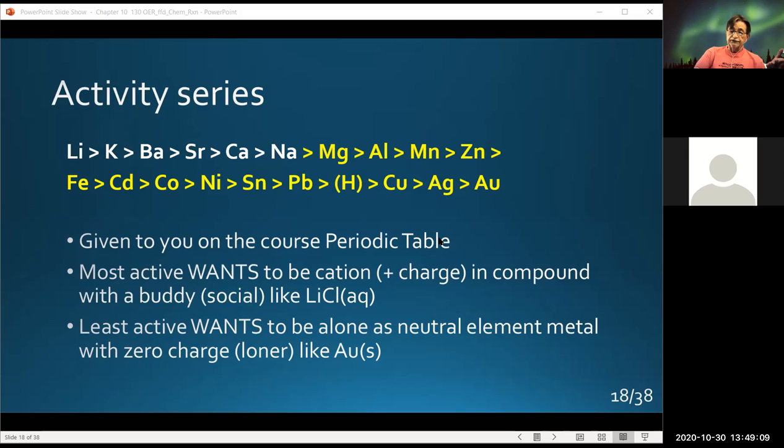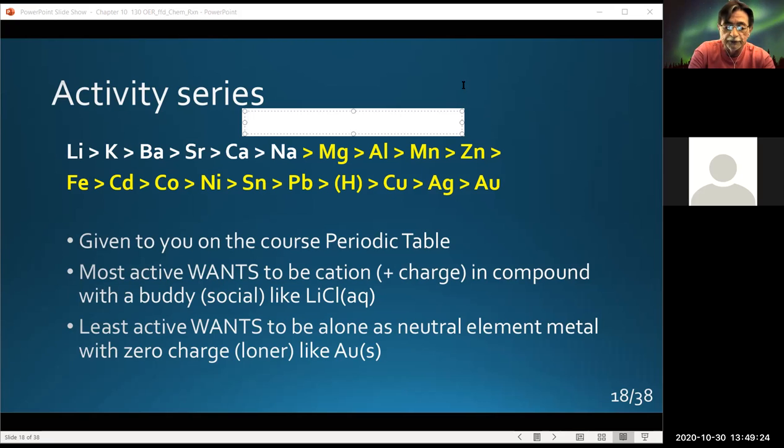So here's the activity series. You can see lithium, the ones highlighted in white. What happens with these guys in white when they touch water? They literally just touch water. So I can take the example of lithium plus H2O.